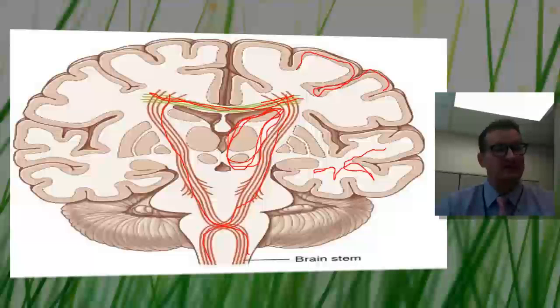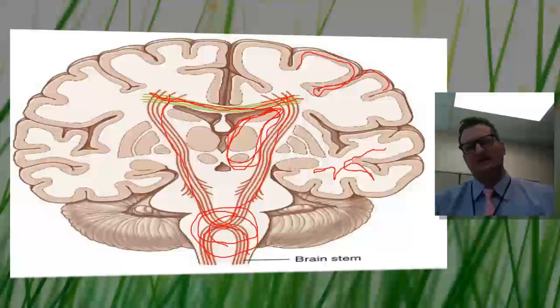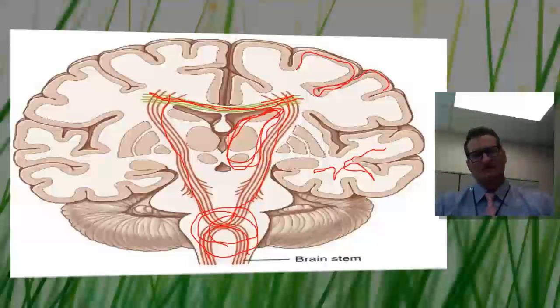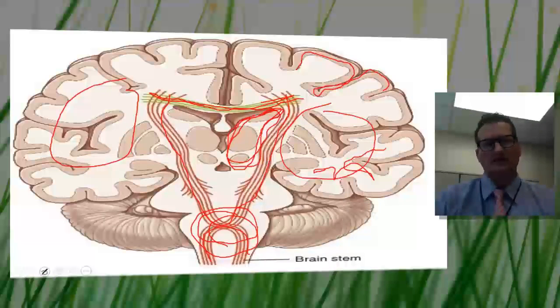The tracts in the brainstem cross in the brainstem here, with the right side of the brain sending impulses to the left side of the body and vice versa. And this is why if a person has a stroke, it affects either the right or left hemisphere, but then symptoms also involve the opposite side of the body.